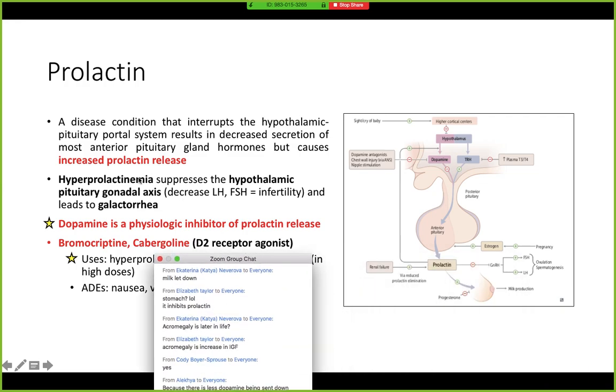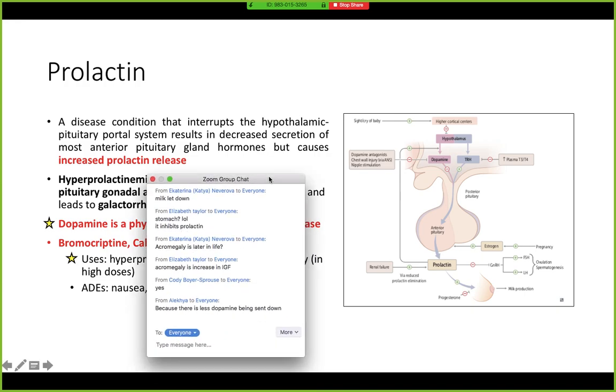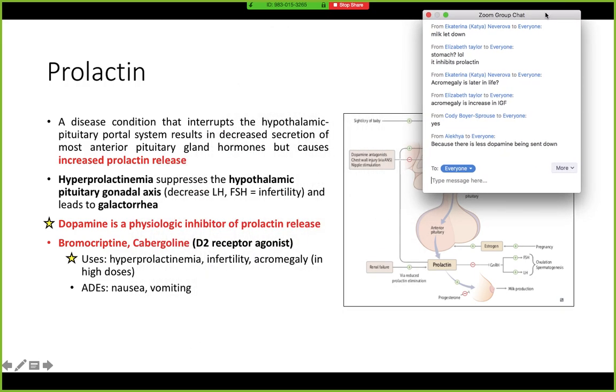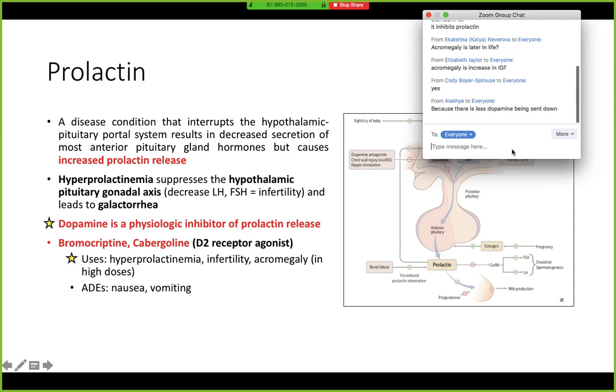Okay, how about why hyperprolactinemia causes infertility? If you look at this picture, it kind of tells you.